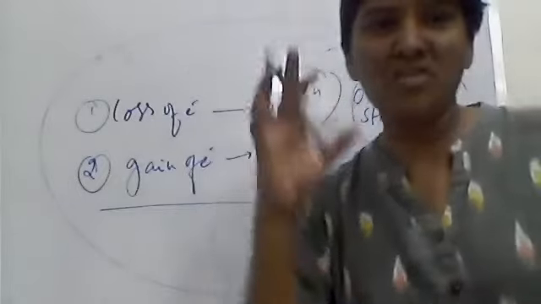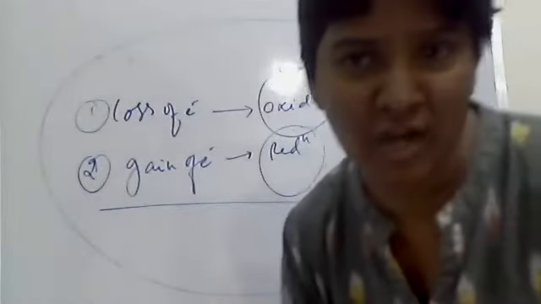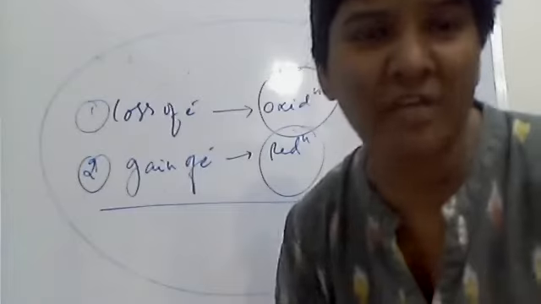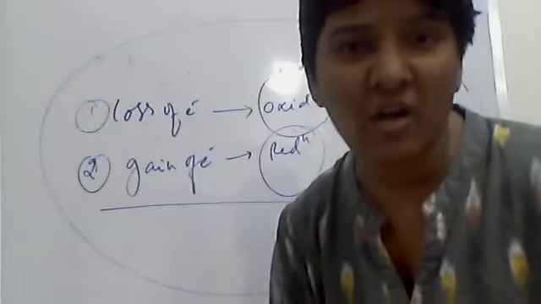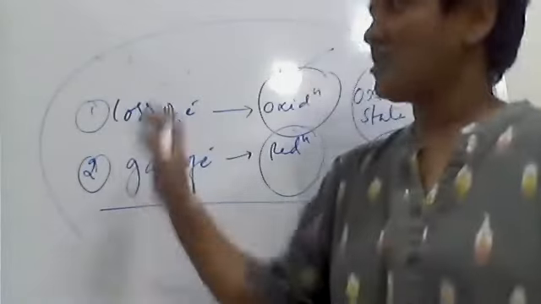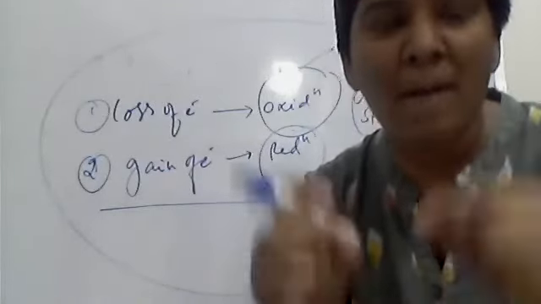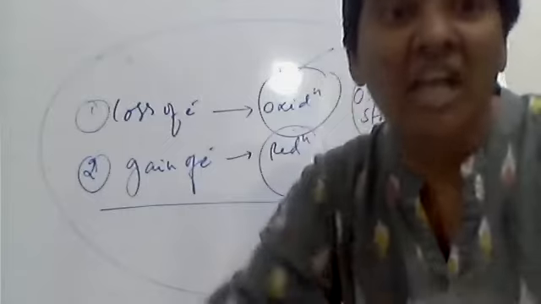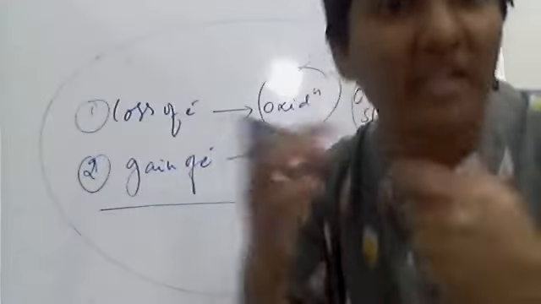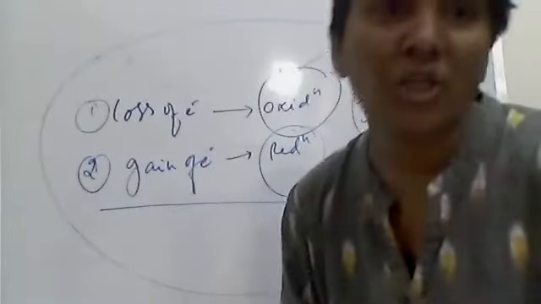So chemistry means just the play of electrons. Loss of electron, oxidation. Gain of electron, reduction. In reactions or chemistry, only electrons are involved, not protons, not neutrons.